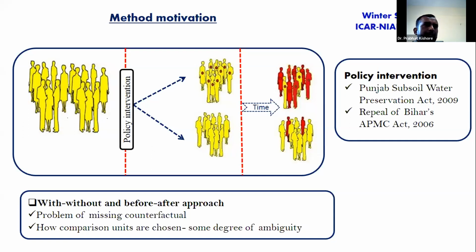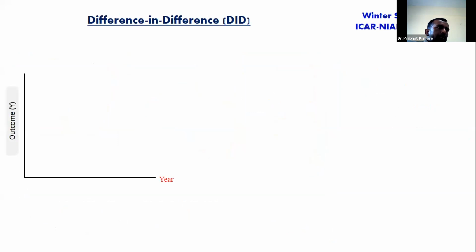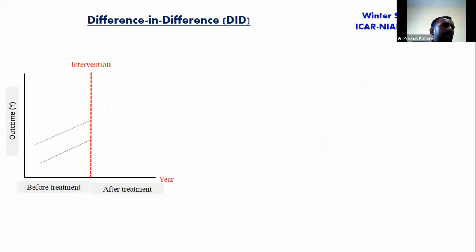So here, if you see critically, what could the problem be? We are still using the method of difference in difference. Suppose some intervention has taken place, and we are considering one group as a control and one group as a treatment, and then we are assuming that they follow the parallel trend.